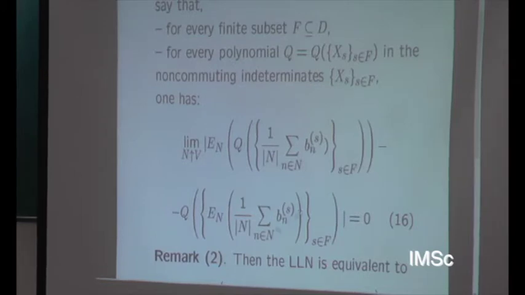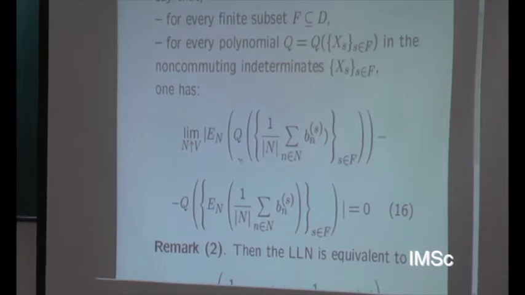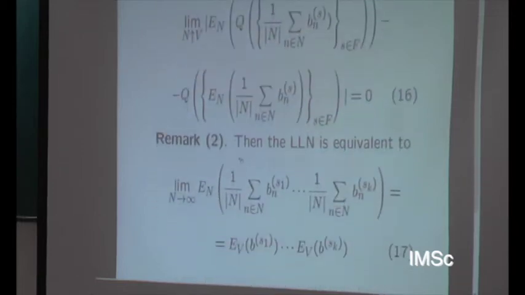So you see that if the family satisfies the law of large numbers, then for any polynomial q, the crucial point will be here to exchange expectation and polynomial, because polynomial is a nonlinear function. So, you see, the law of large numbers will be equivalent to convergence of monomials.